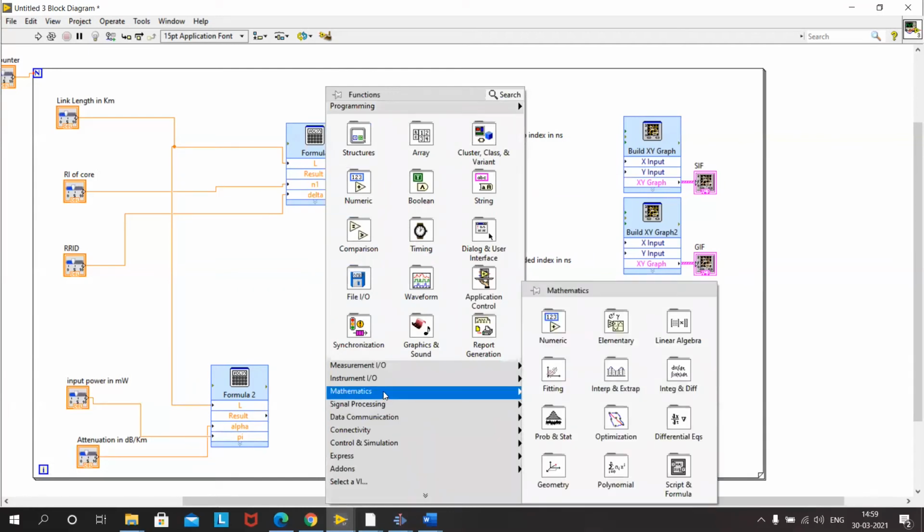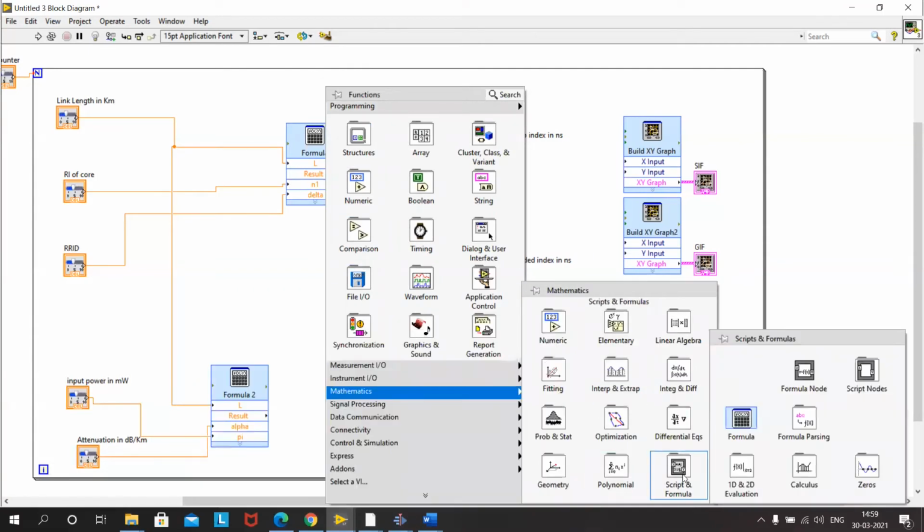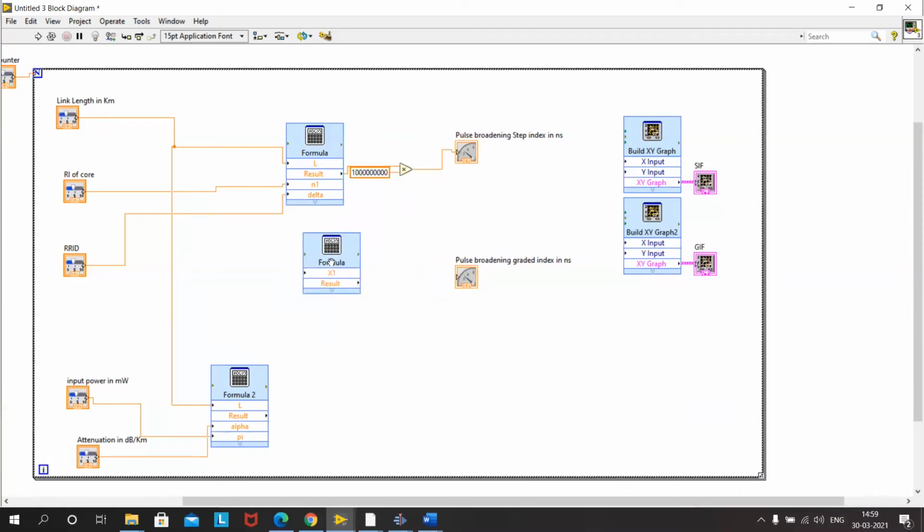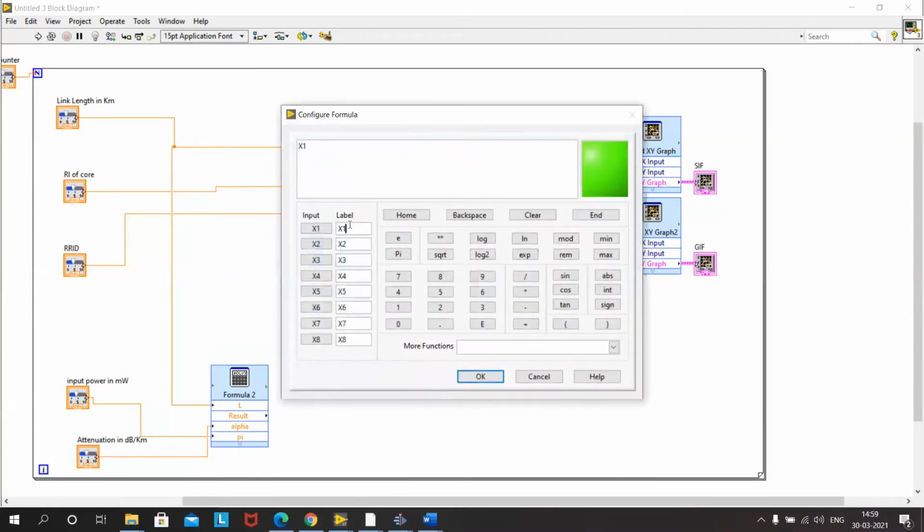So again we'll be using one formula board to calculate the Gaussian term. So the first term will be x and the other is sigma. So it is e to the power of minus x square divided by 2 into sigma square.